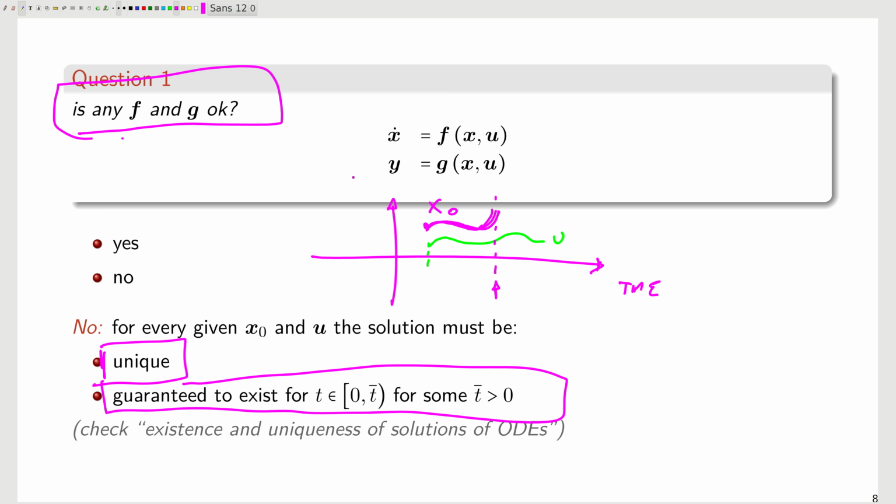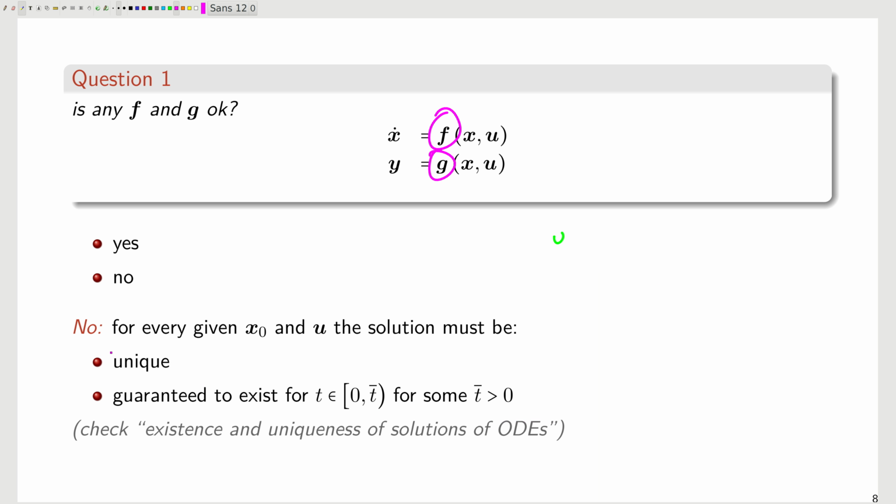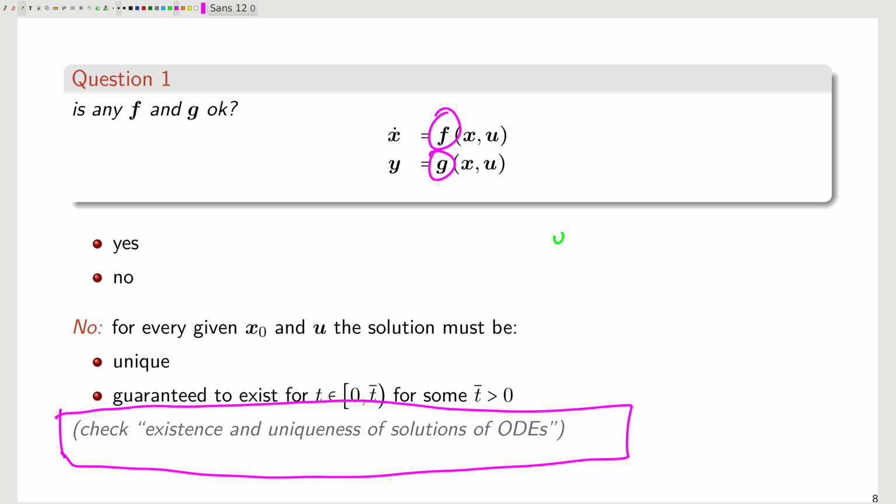So the condition is that whenever we write state space representations, f and g must be good enough to guarantee that there exists a solution for at least a certain horizon, and that this solution is unique. This is something that you should have seen in a functional analysis course. Anyway, if you don't remember the conditions, you should Google them.